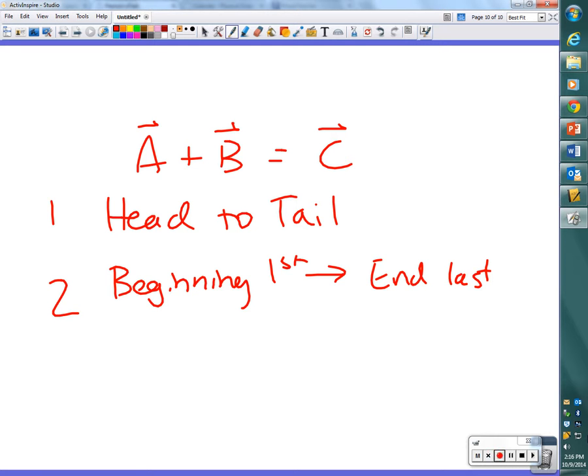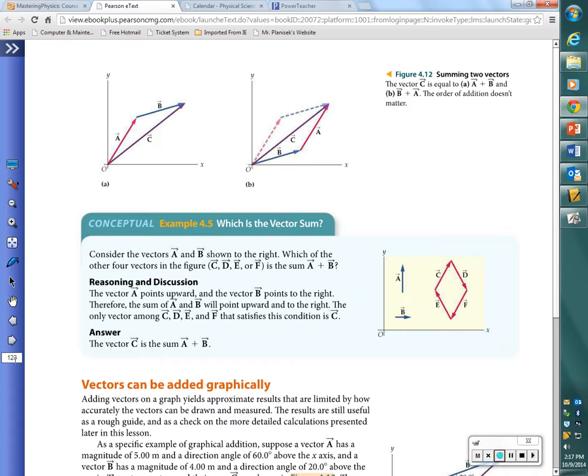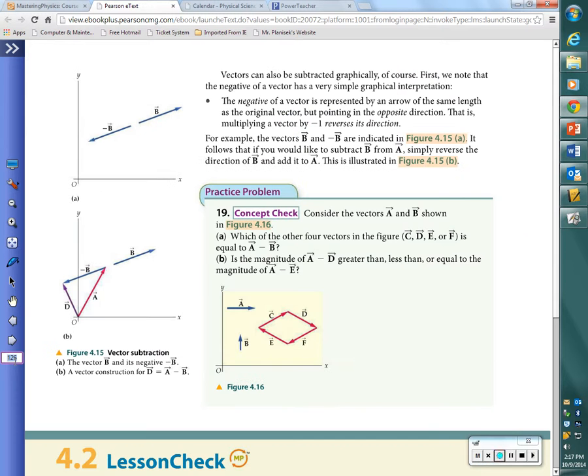To illustrate that point, before we get into the details of how we do it, let's look at a couple of example problems. So, if you open up your book to, I believe, page 126.